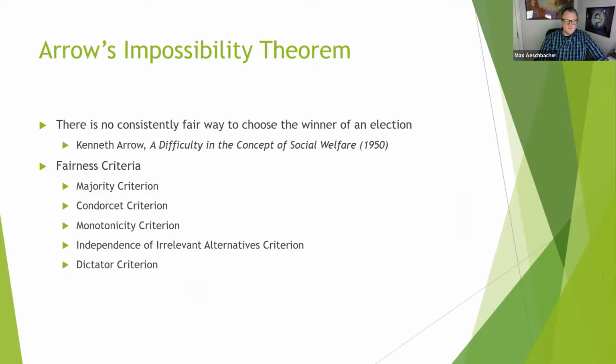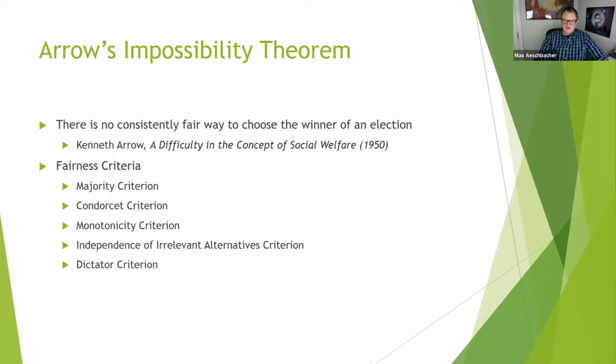Okay, so in 1950, an economist named Kenneth Arrow wrote as his dissertation a paper about social welfare and voting theory that outlined a beautiful yet troubling result, which was that if you outline a number of fairness criteria, and when I teach this to my students, I have to have a serious talk about the word fairness, because in some sense, all elections are fair in that the rules are applied uniformly across the voting population.